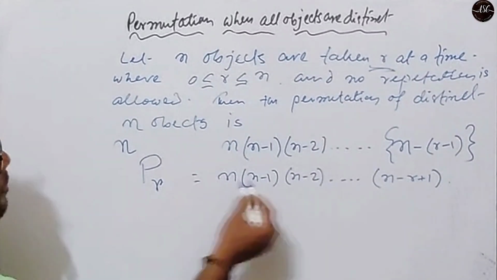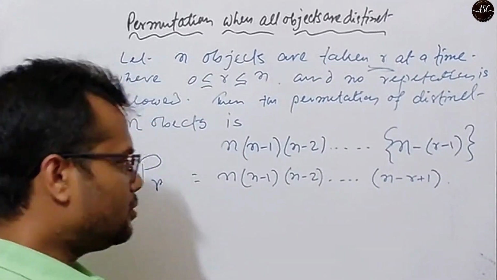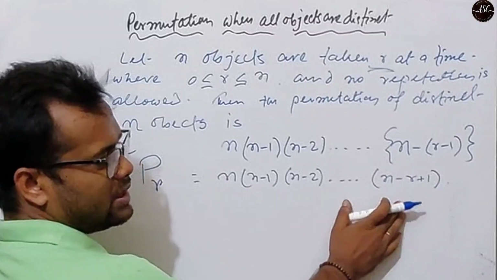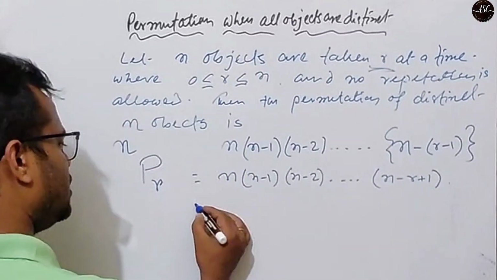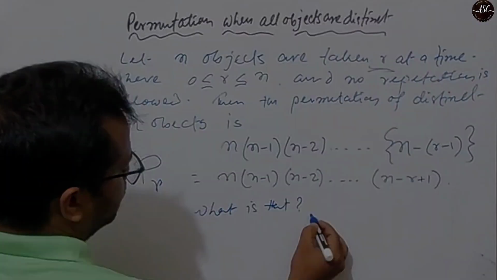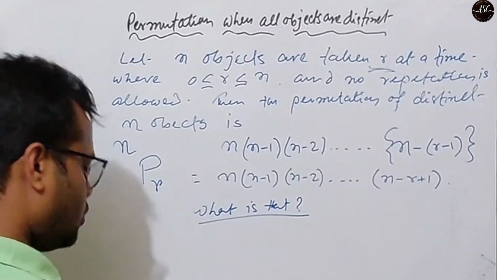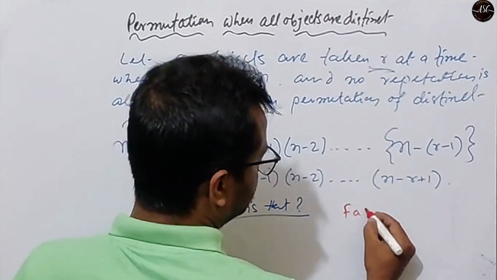This is the short form of this. Now, there is another concept to express this big formula. What is that? The factorial notation.